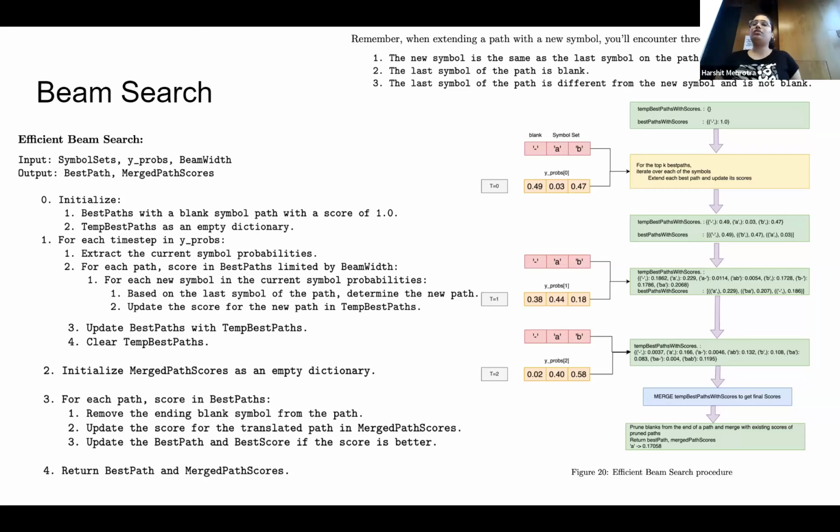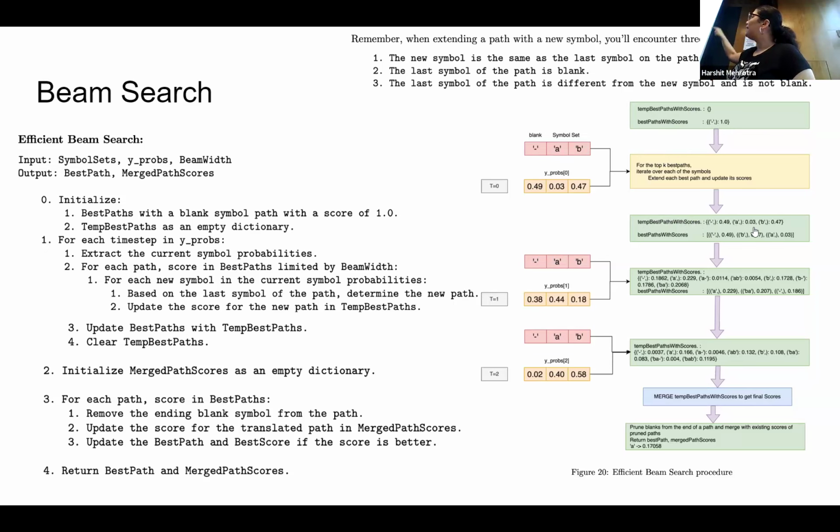So to make it clearer, we initially start with blank and a score of 1. And then you know your symbol set has blank, A and B, and that will be your temporary path.